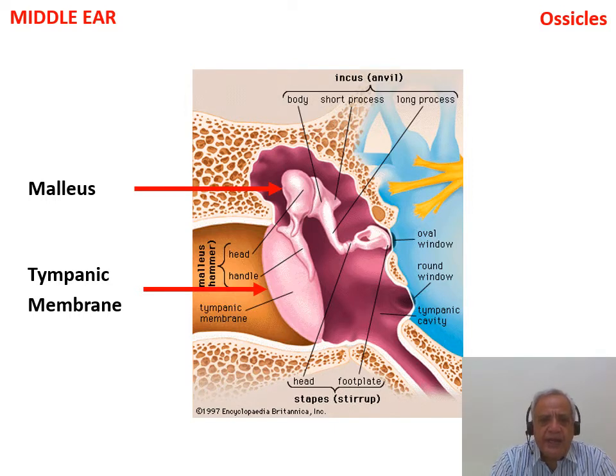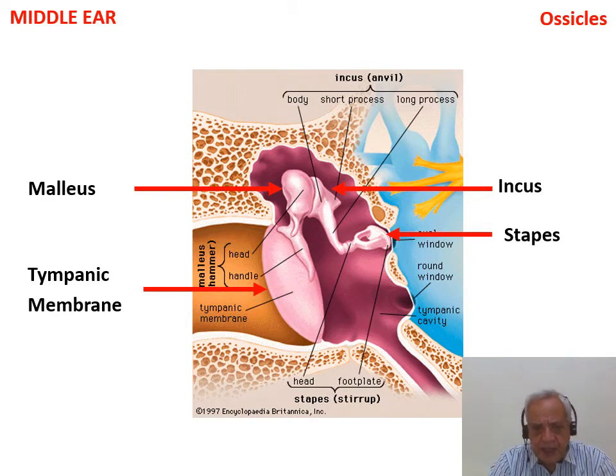The malleus is then related to the incus, and the incus is followed by the stapes. What you can see here is that the stapes has its foot plate on the oval window. So when the tympanic membrane moves, the malleus moves, transmitted to the incus, to the stapes, to the oval window, and this movement will be transmitted to the inner ear after that.